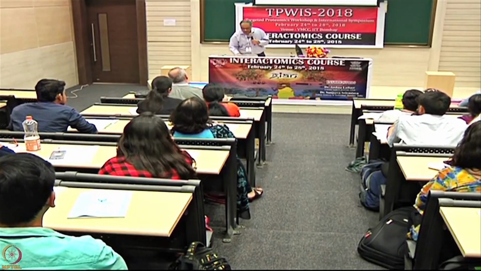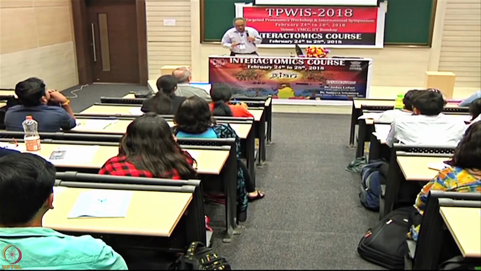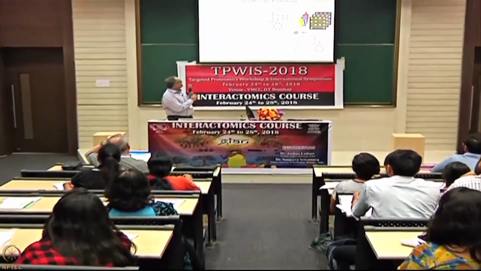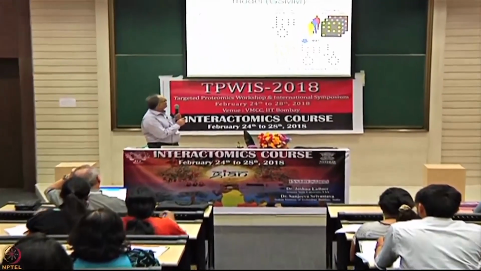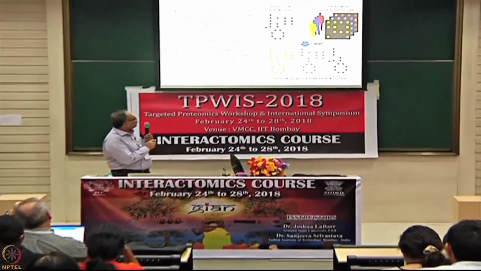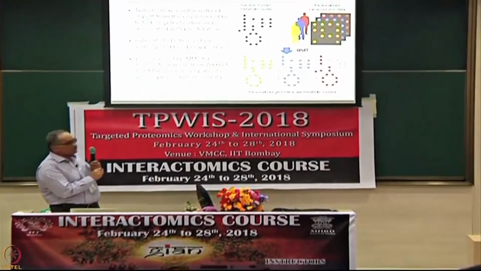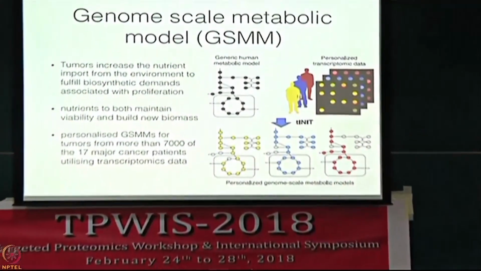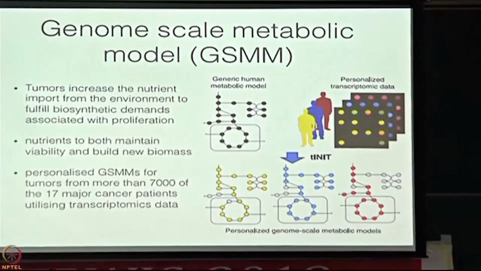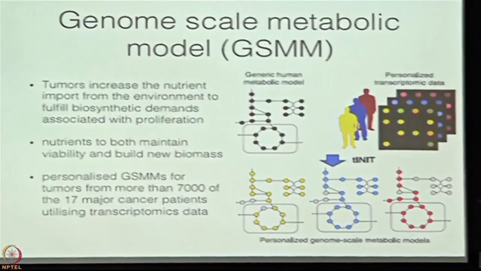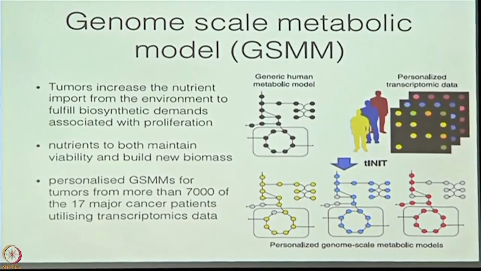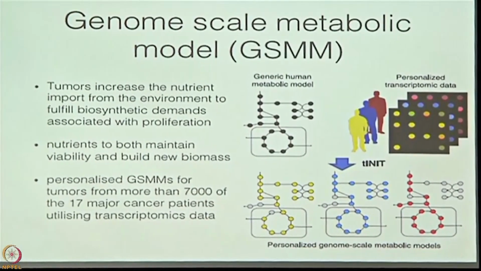Okay. So, we carried out a personalized genome scale metabolic model for tumors from more than 7,000 of the 17 major cancer patients. And we expected something different because cancer cells pull in more nutrients from the surrounding and they build up more biomass.